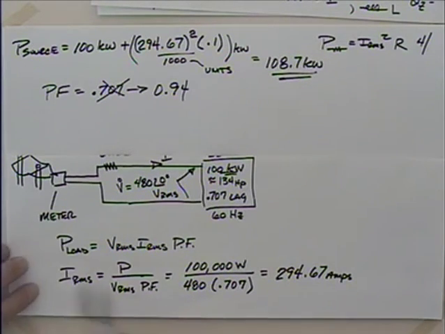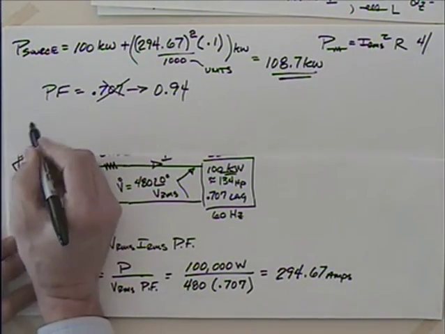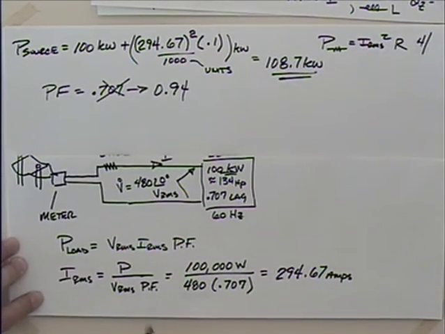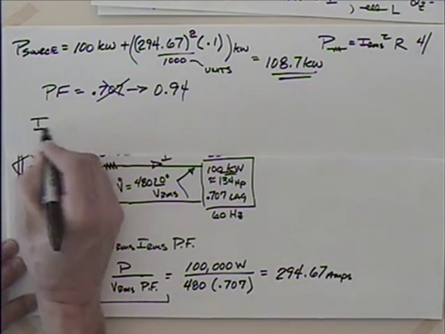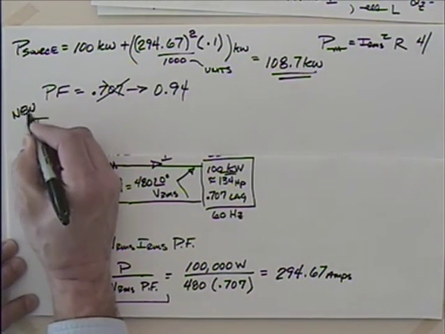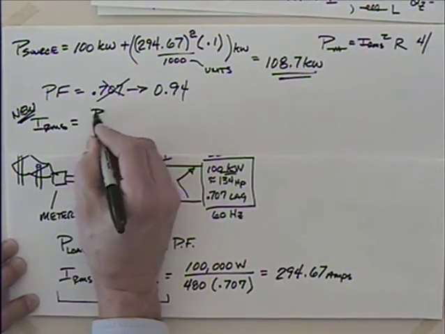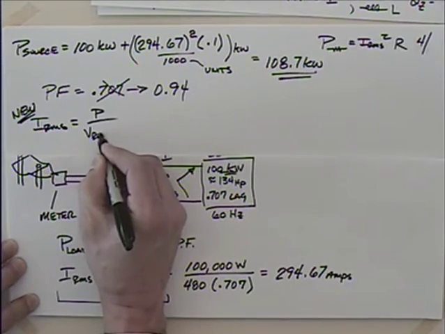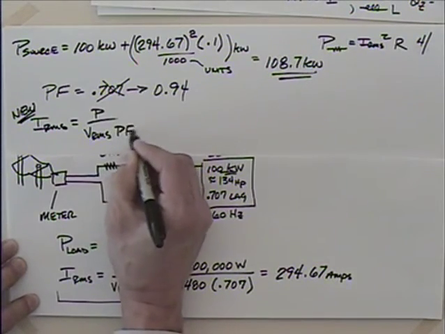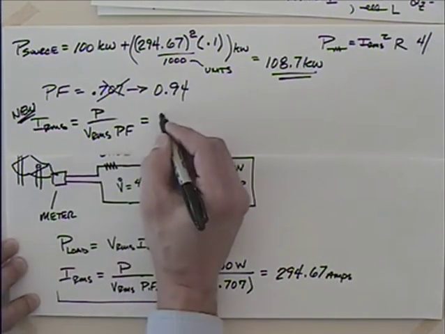So let me do this again then. We'll go back to the equation that we had here. I'm going to use this one again. And I'll say that I RMS, so this is now for the new case, is equal to the power divided by V RMS times the power factor. So I still have that 100,000.